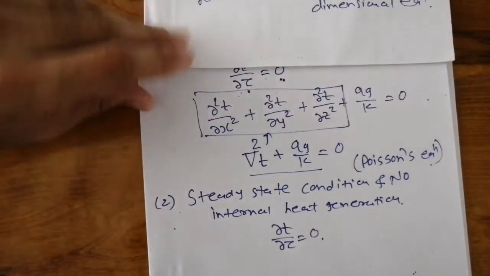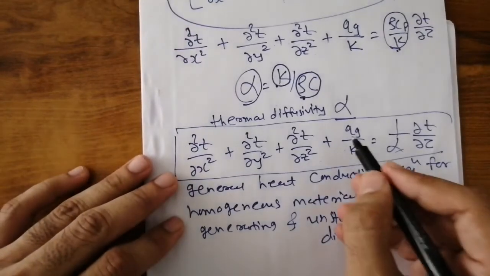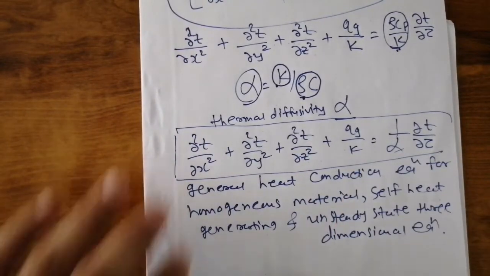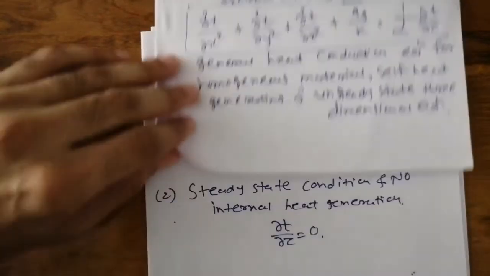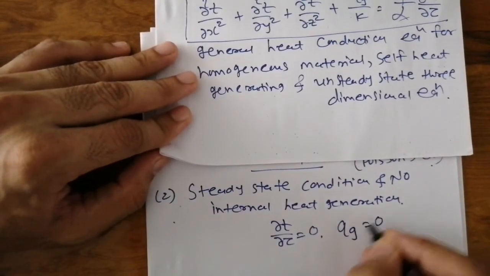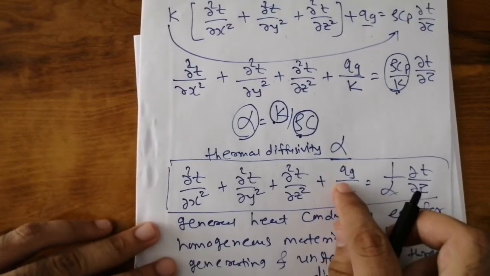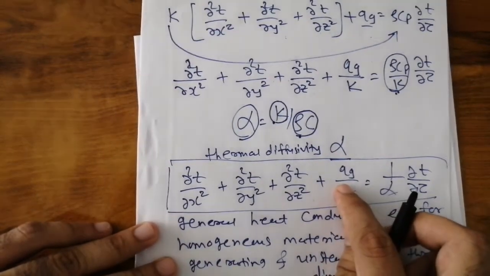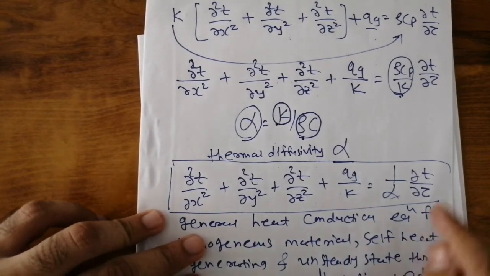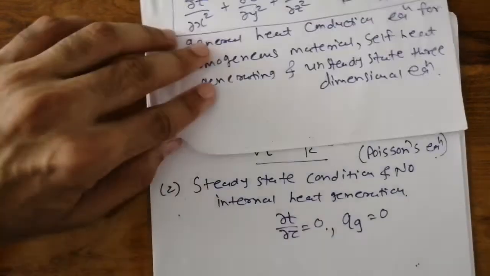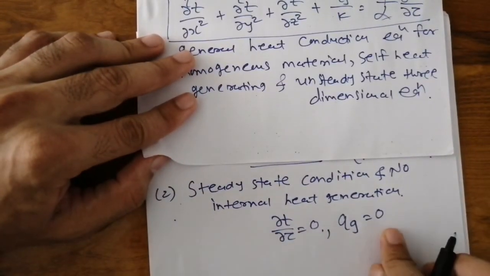Now, internal heat generation, QG, is called internal heat generation or self heat generation. So no self heat generation within the element means QG is equal to 0. And since steady state condition is given, del T by del tau is also equal to 0.